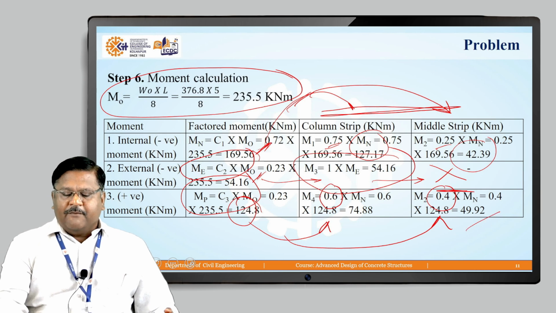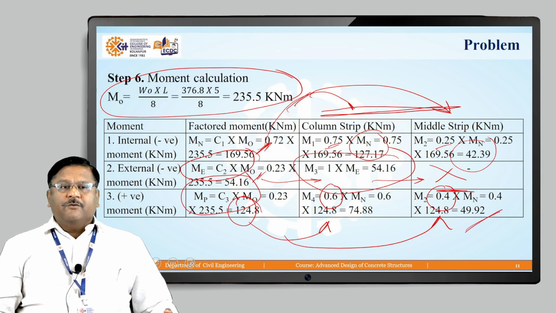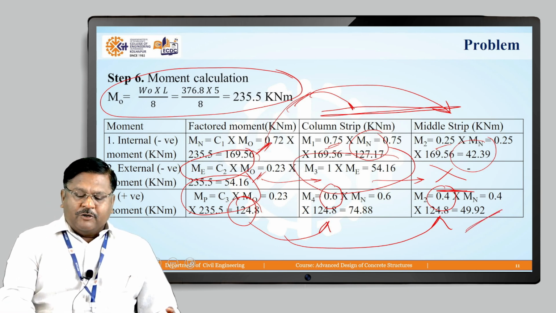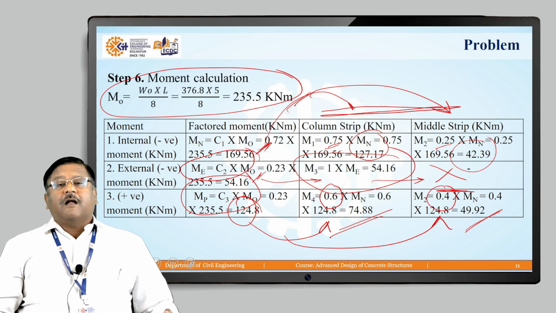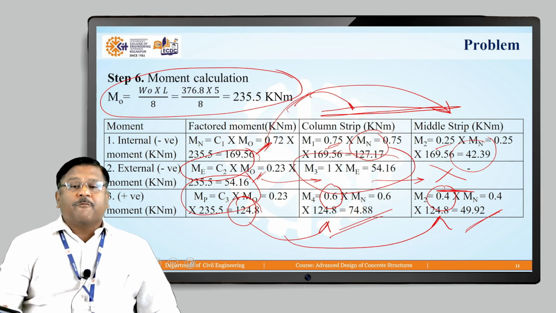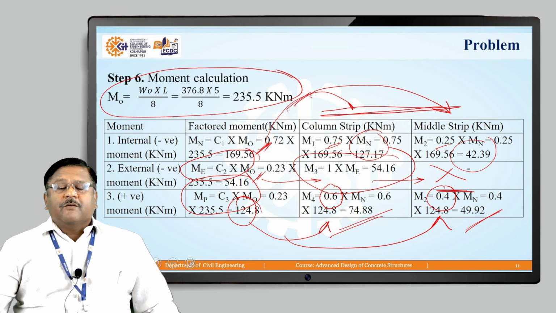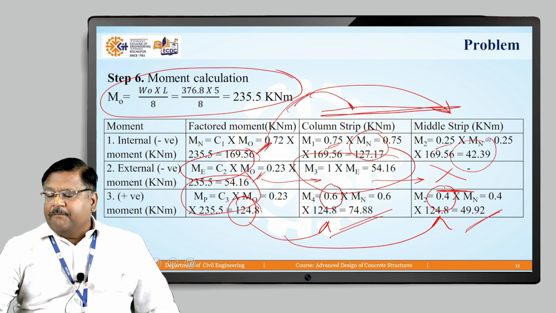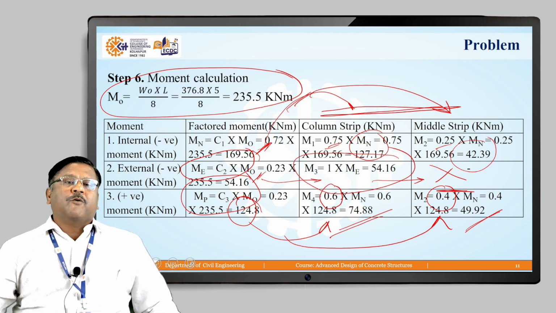What we get? We get 49.92, and the positive moment acting at the column strip is 0.6 into MP, is equal to 0.6 into 124.8, we get 74.8. Now this is the typical example of external panel moment calculation.